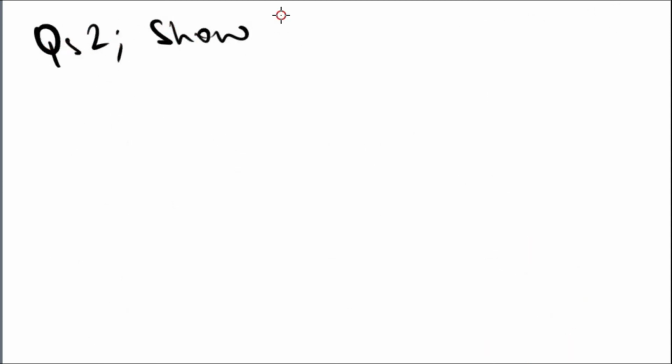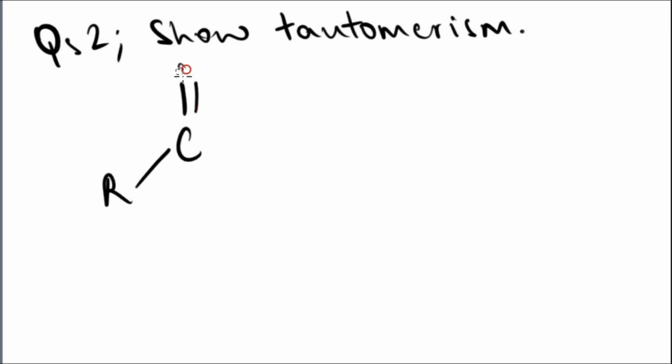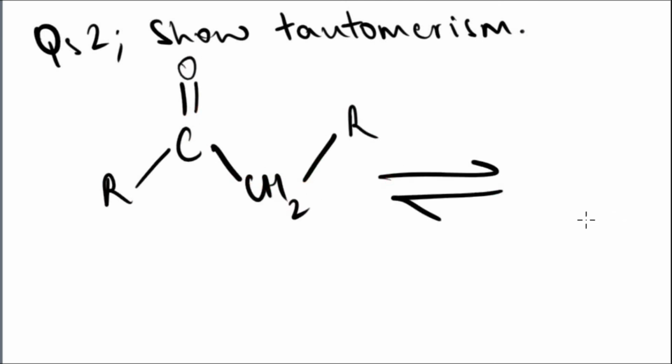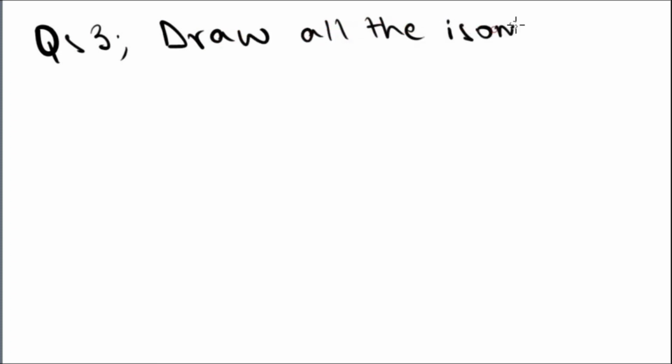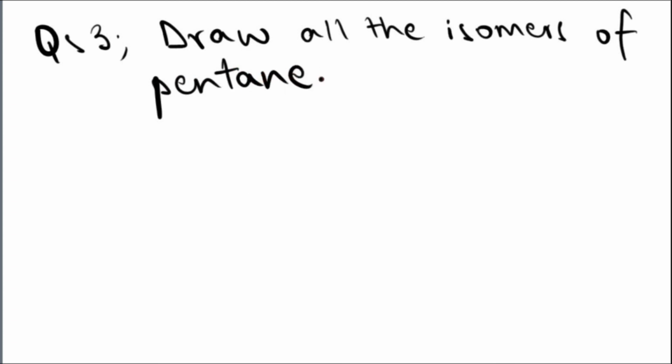The second question is, show tautomerism of the following compound, and you can even state if it is the keto form or the enol form. And the last question for today will be, show all the possible structural isomers of pentane, which is C5H12.